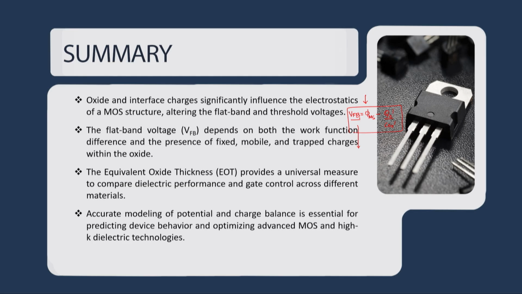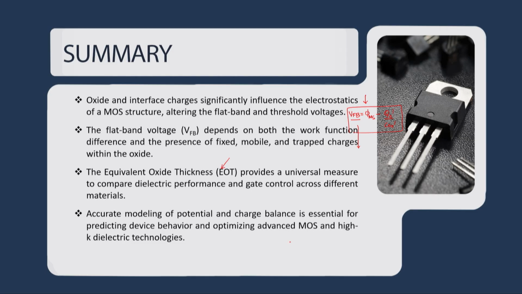We have also seen the impact of scaling of the oxide thickness, which is considered as EOT, effective oxide thickness. The effective oxide thickness is the thickness of oxide which silicon experiences equivalently; it is not the physical thickness of the oxide.